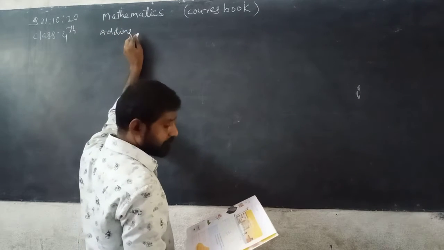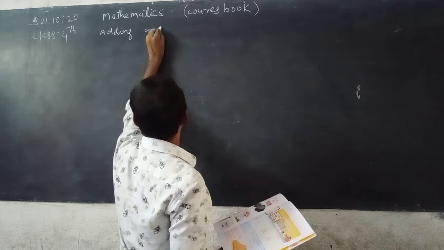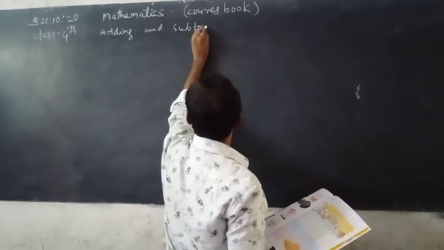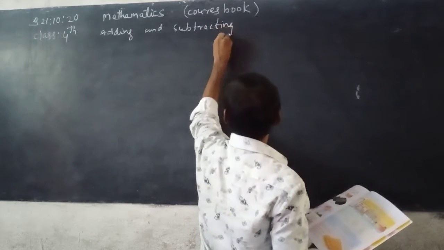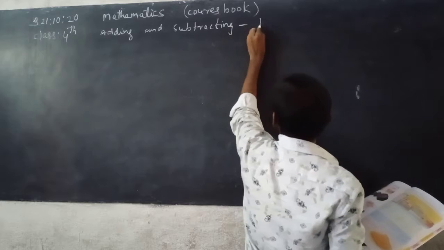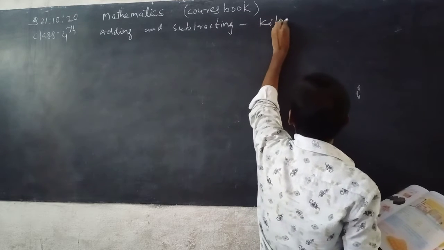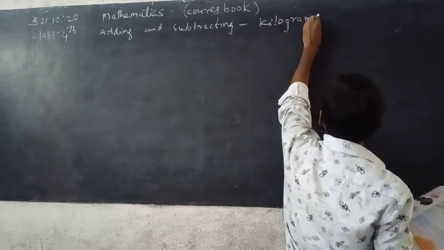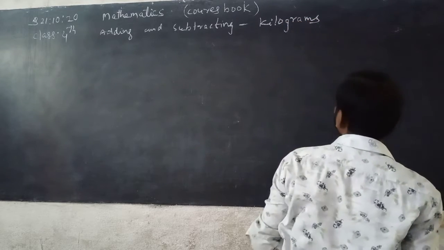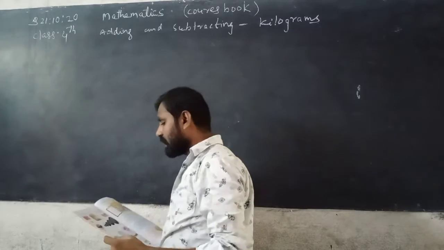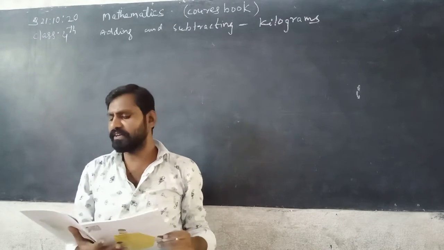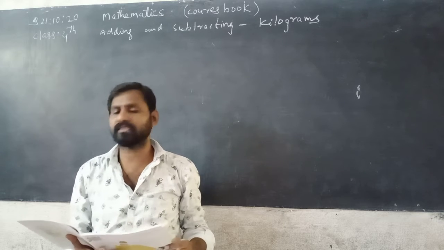Adding and subtracting kilograms. See here, Rajesh and Rajini own a fast food center. They went to a supermarket to buy groceries.